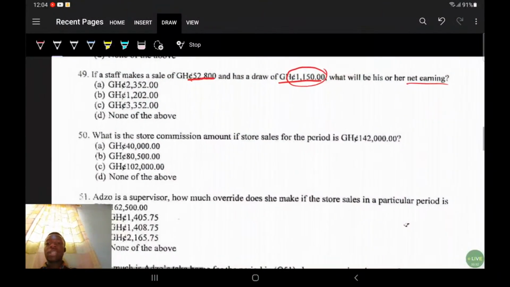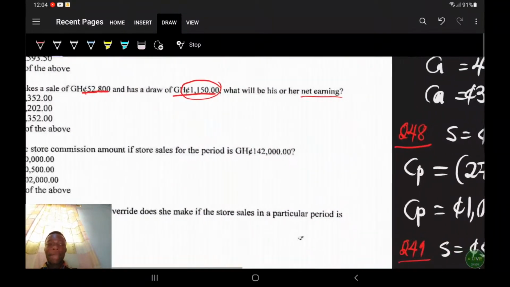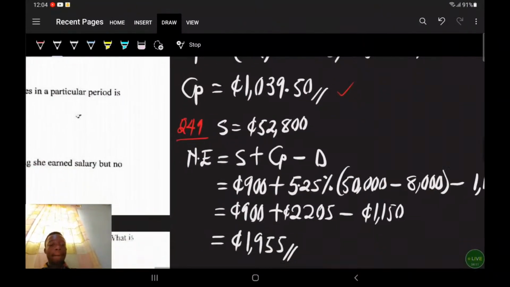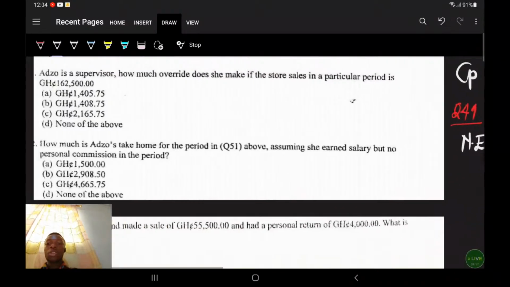So let's see whether that is true in here. Question 49, that's what we're dealing with, right? Okay, so let's see. Oh, the calculation was right. So let's see the options here.